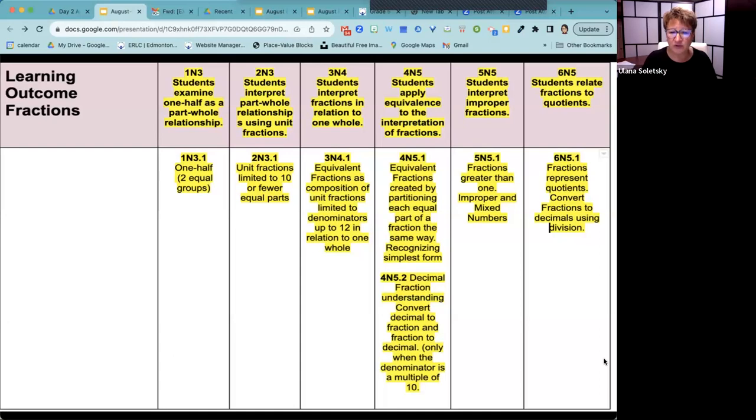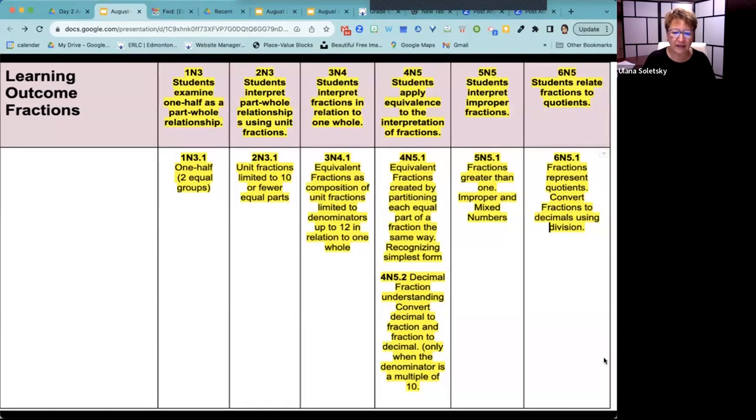In grade 5, we do fractions greater than 1. That's the first time that we're talking about 1 and a half, 1 and 4/5, 2 and a half. So then in grade 6, we start converting those fractions to decimals and converting decimals to fractions.